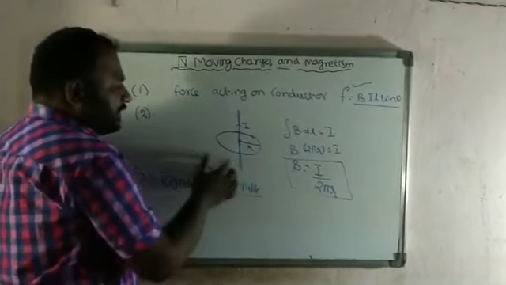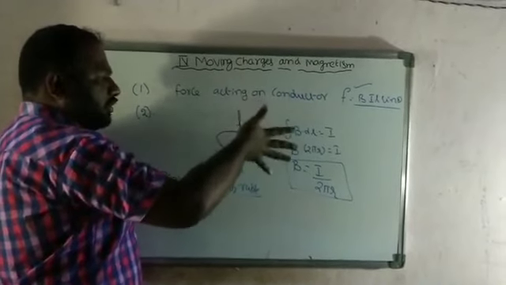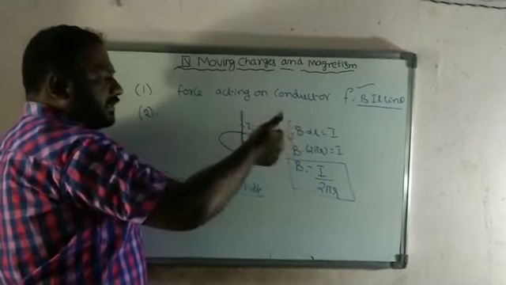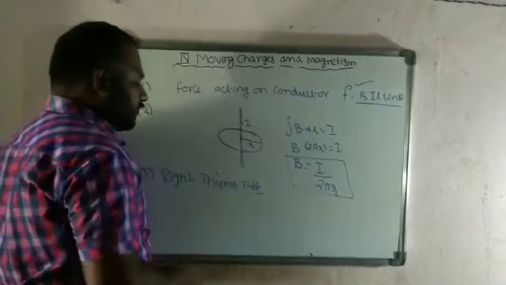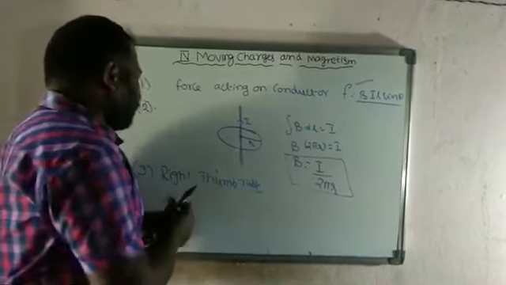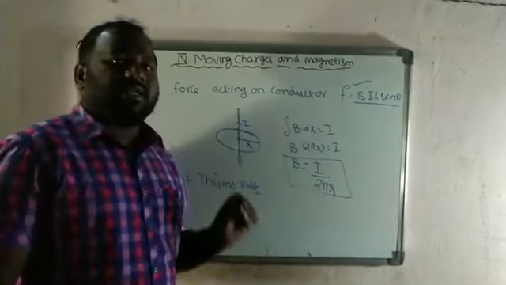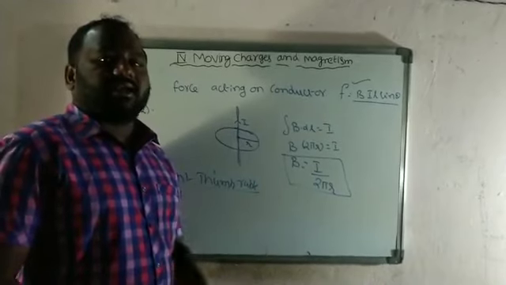For example, see this. Here the current is in the upward direction, and the fingers represent the direction of the magnetic field around it. So the right hand thumb rule gives the direction of the magnetic field around a current carrying conductor.